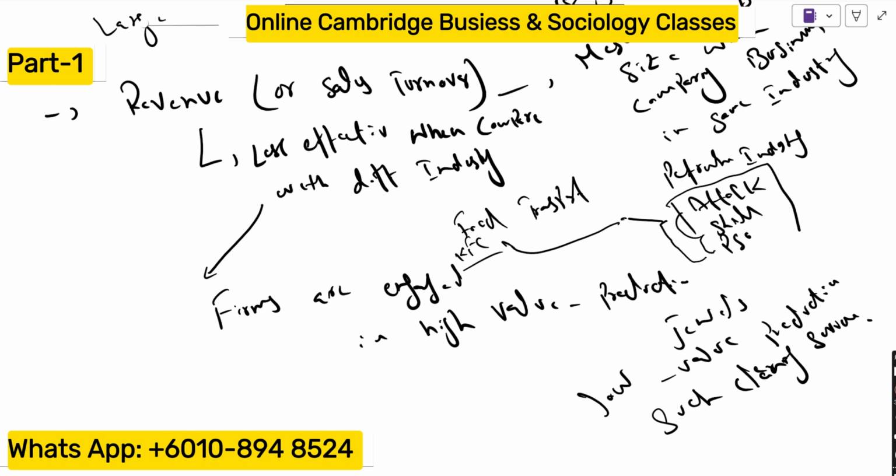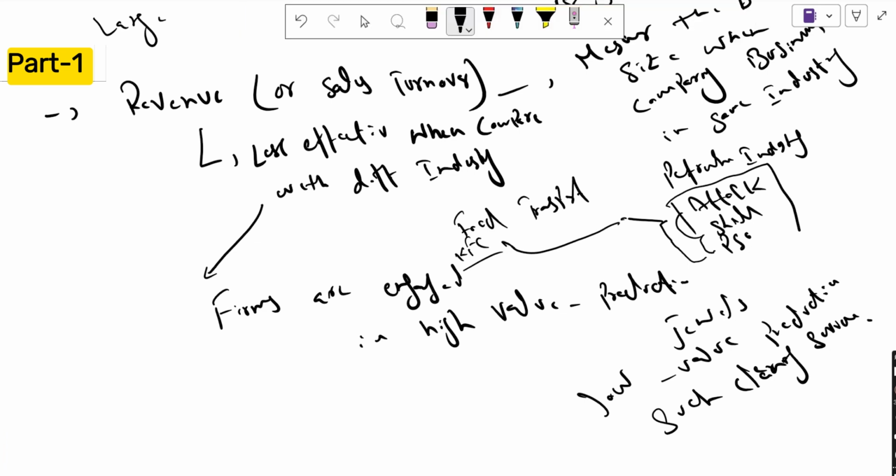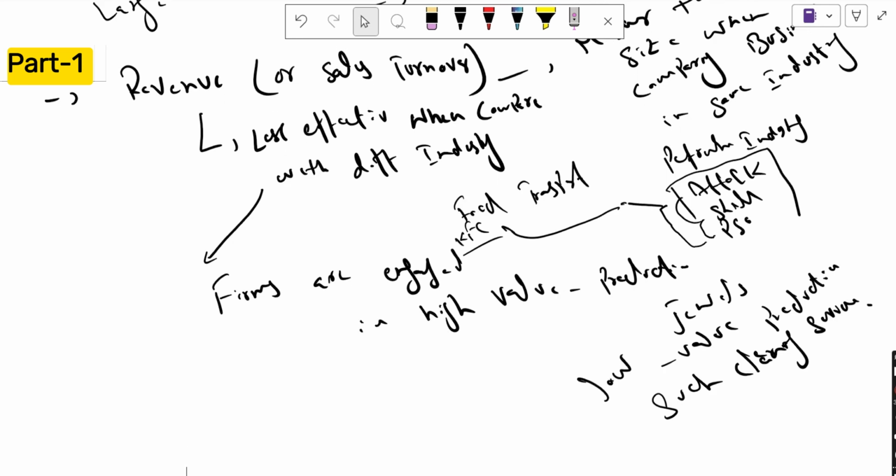Of course, the revenue for high value production like jewelries will be high, while for cleaning services it will not be. People can pay double for jewelries, but not for cleaning services. This is how revenue becomes less effective when we compare companies from different sectors.